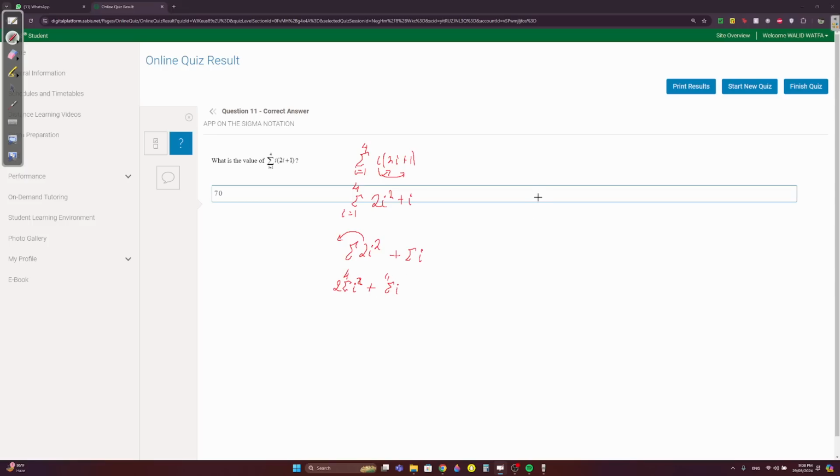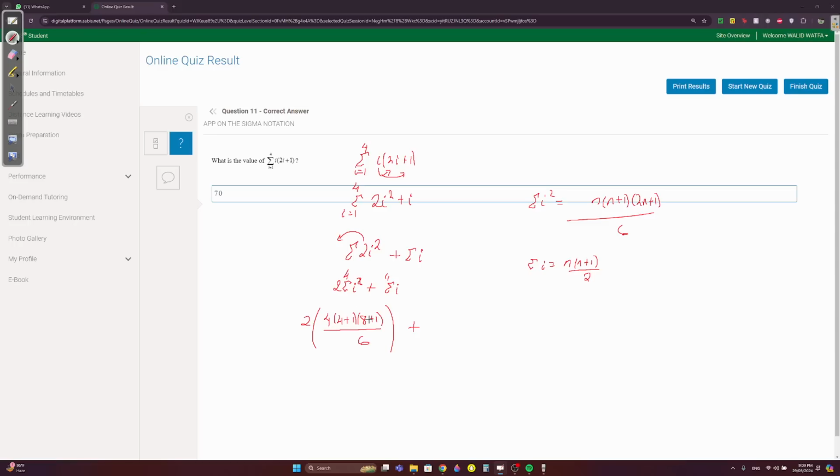We know that sigma i squared is n times n plus 1 times 2n plus 1 over 6, and sigma i is n times n plus 1 over 2. So for sigma i squared, let's substitute n with 4: 4 times 4 plus 1 times 2 times 4, so 8 plus 1, over 6.